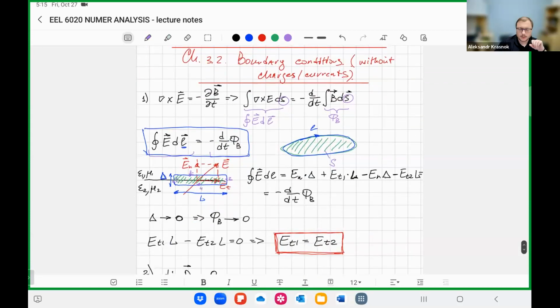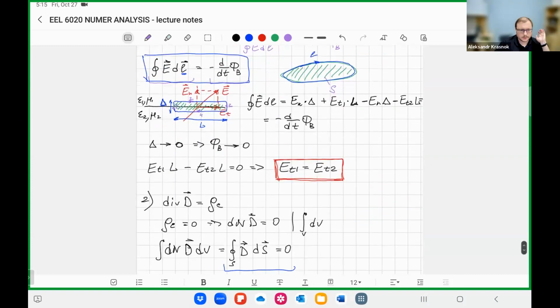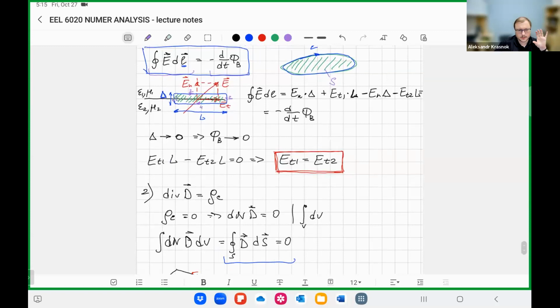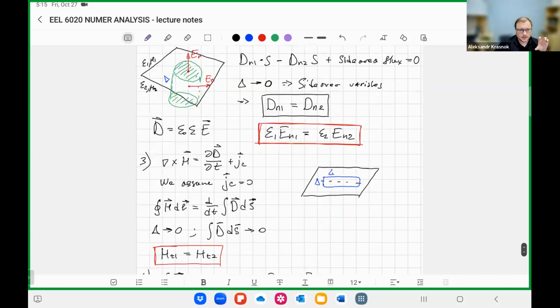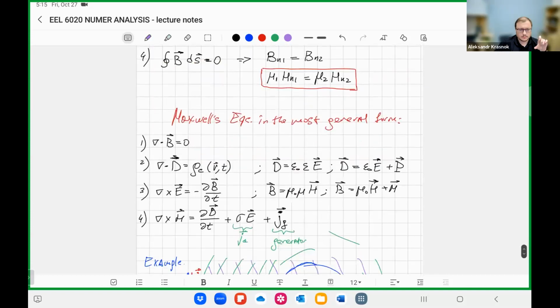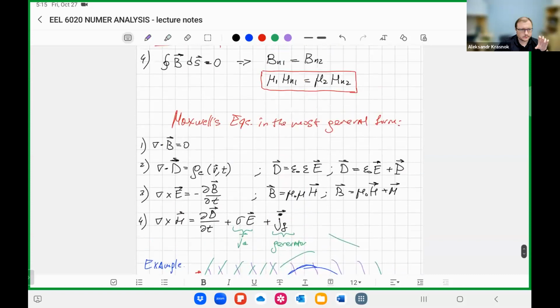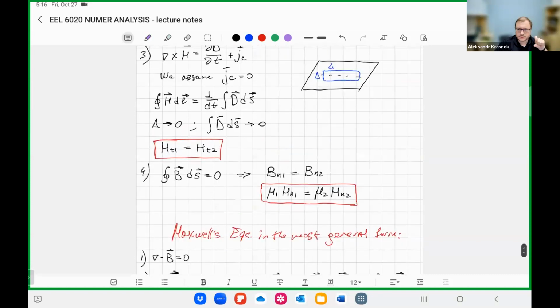Then we discussed the boundary conditions. So basically, from Maxwell equations, we derived 4 boundary conditions. These boundary conditions state that the tangential component of electric field, E, and the tangential component of magnetic field, H, continue through a boundary between 2 different media.